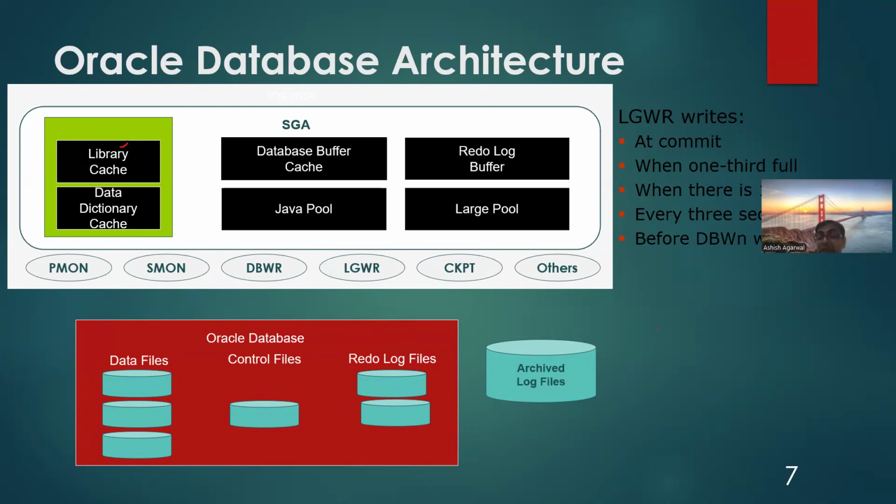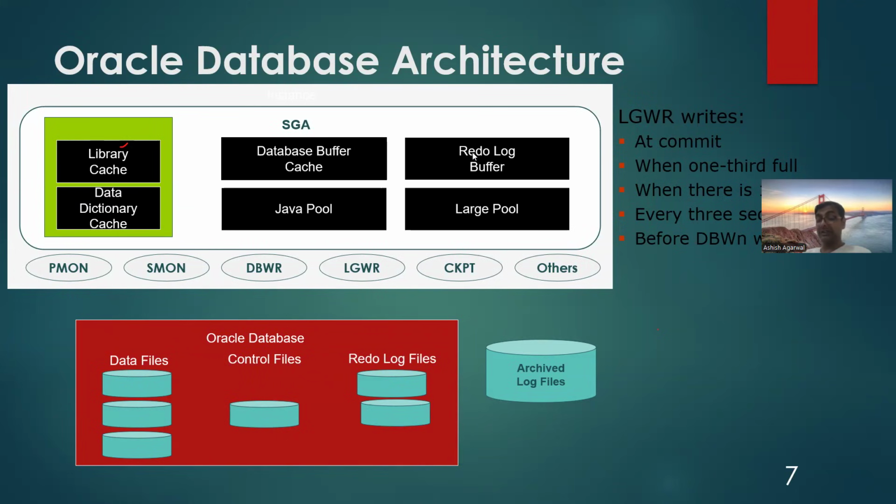It's not like as soon as the buffer becomes dirty it is directly written into the data file. There is a procedure. The copy of that change, whatever change happens to the database, whether it is insert, update, delete, or a DDL statement, gets written into the redo log buffer. So the redo log buffer contains the dirty buffer data.